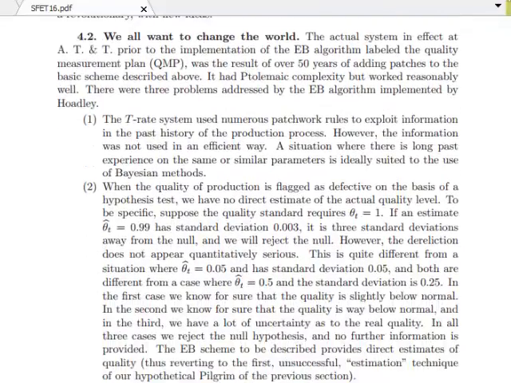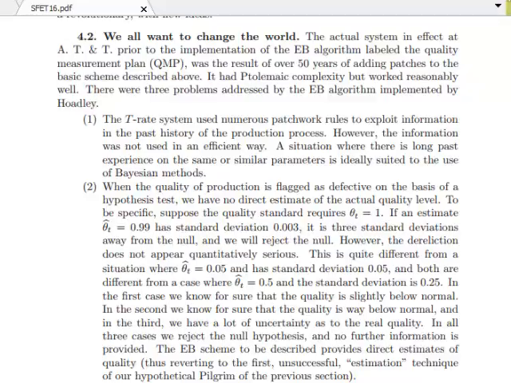So this is a reasonably good system, and with some more ad hoc patches, this basic system is relatively good, and this was in operation for a long time in Bell. This was actually the quality control system plus a lot of different patches which had to do with special properties of the process.